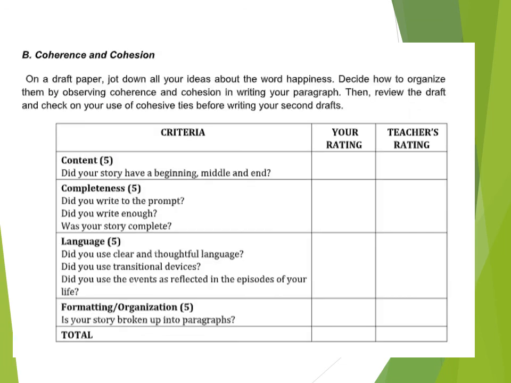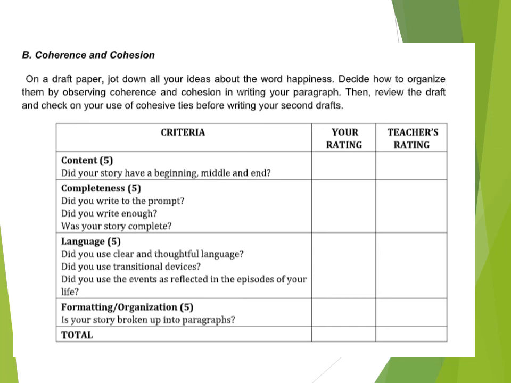That's one. Next activity, for coherence and cohesion, you are just asked to jot down all your ideas about the word happiness. So, get a paper, take a moment to just write down whatever words will come to your mind when you hear the word happiness or any word that you can associate with the word happiness.